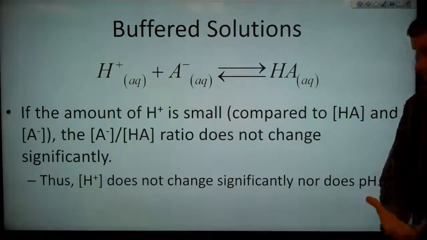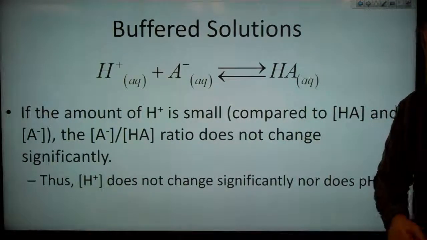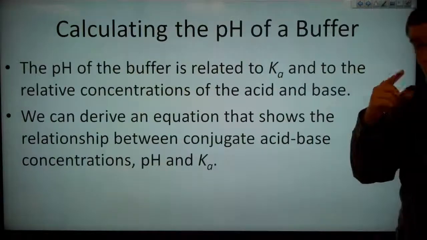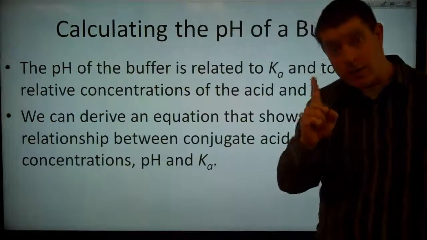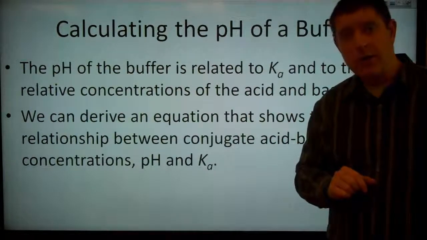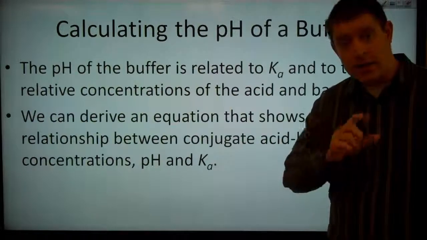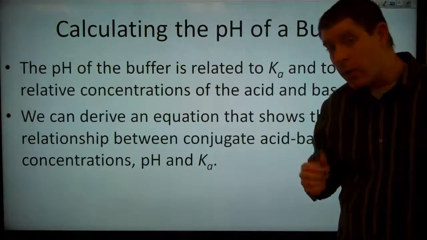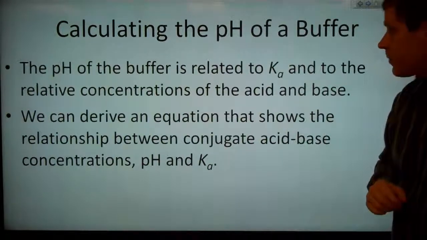If that ratio doesn't change significantly, then our hydrogen ion concentration can't change significantly. Again, it's changing some, because that ratio is changing a little bit. But as long as we're only adding a small fraction of the hydrogen ion compared to our conjugate base, then that ratio won't change a whole lot.